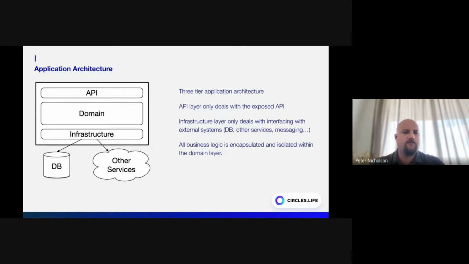And then there's an infrastructure layer that's really only dealing with how our application talks to external services, be it other microservices in our platform, other platforms that we're contracted with, or data stores. That infrastructure's responsibility is to just facilitate that communication.